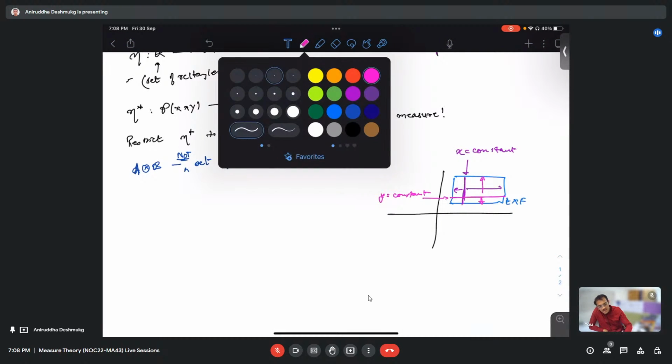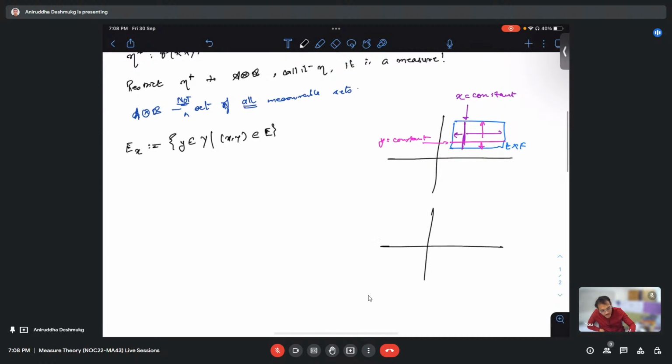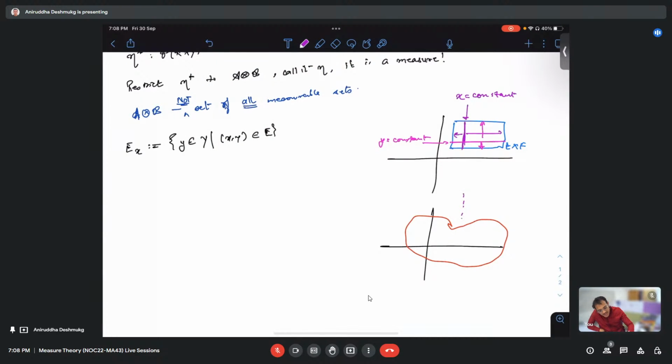So using this sort of intuitive notion, we can define sections Ex, which is the collection of all those y's in Y such that (x, y) is inside E. So notice that if the set is not really of the form of a rectangle, but something like this, then the x section of E is, look at this line, x equal to constant.